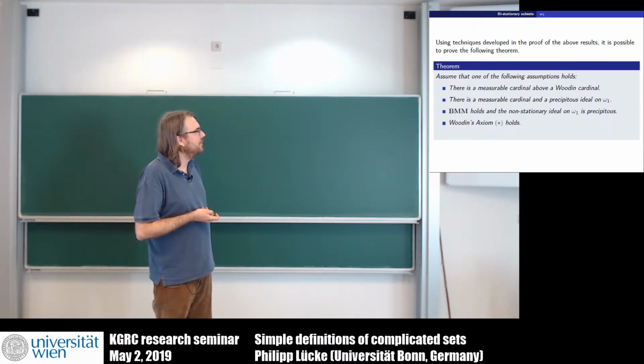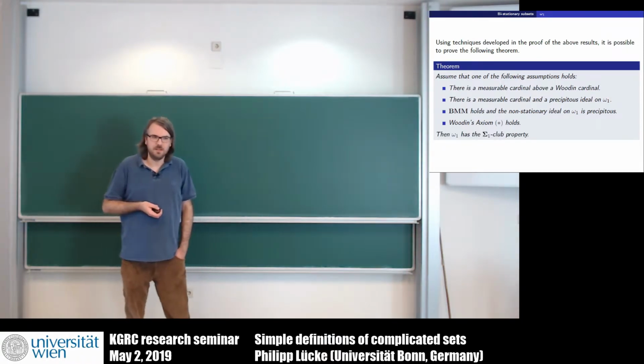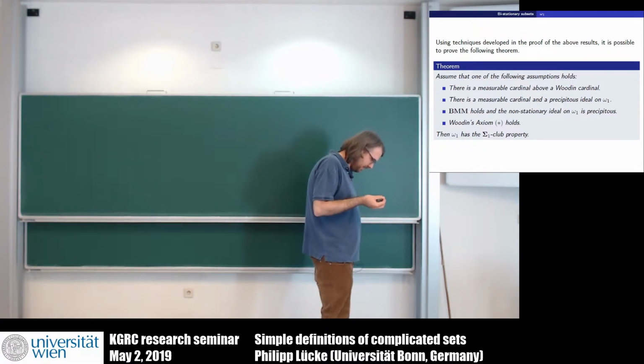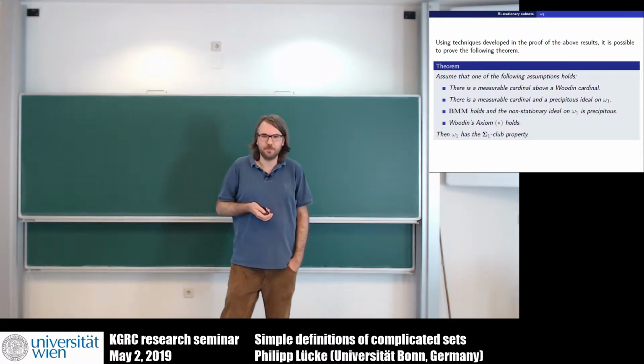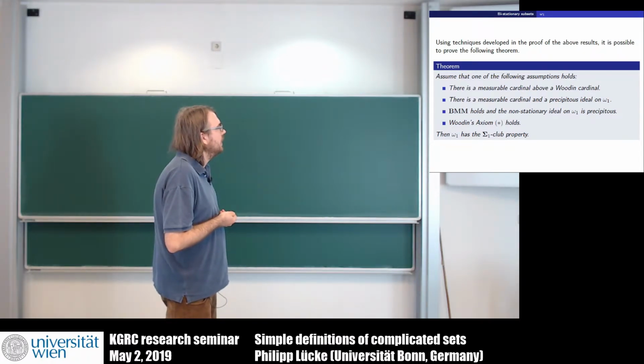Okay, and if one of these statements holds, then omega 1 has a sigma 1 club property. So in some sense, these assumptions imply that omega 1 is a Ramsey cardinal with respect to sigma 1 definable colorings. Okay, so how can we prove this?